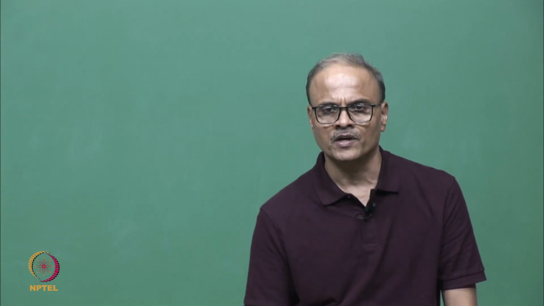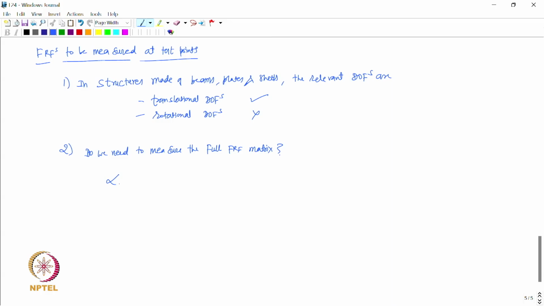For a system with structural damping, the frequency response function alpha j k is given by the sum, with r varying from 1 to n, if there are n modes, of phi j r phi k r upon omega r square minus omega square plus i eta r omega r square.